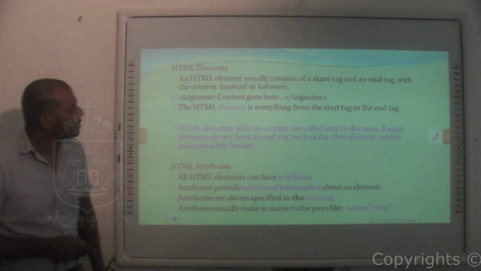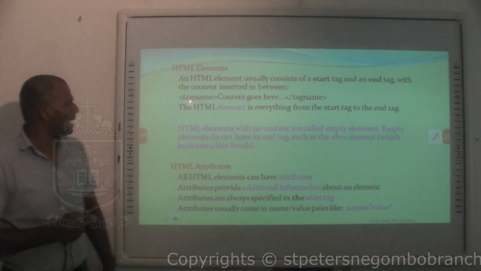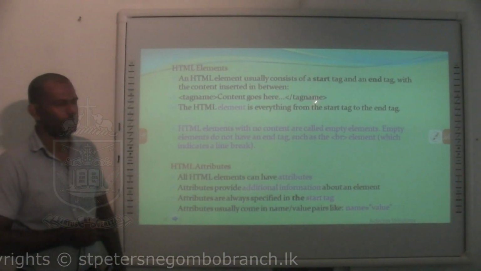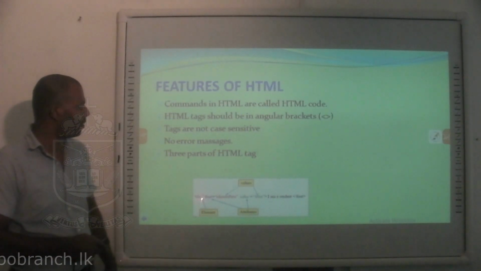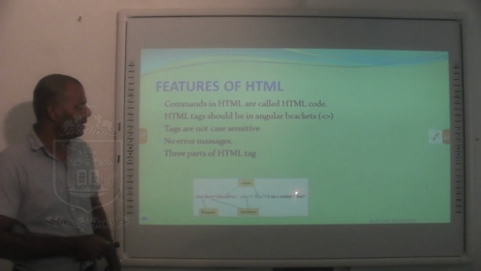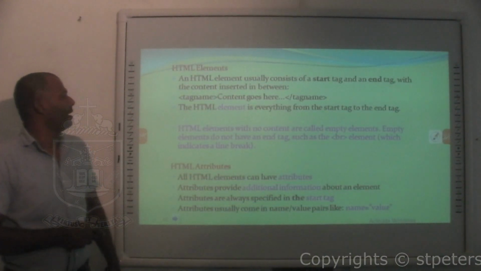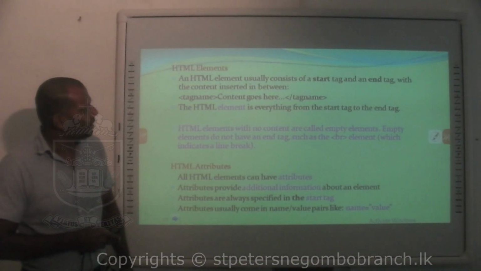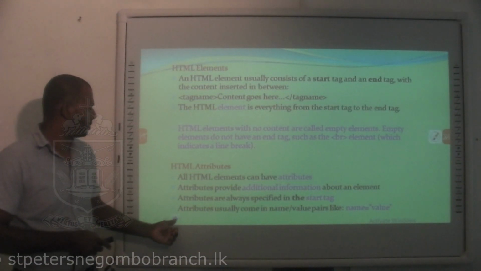Here is the tag name and here also the tag name. Font in the previous slide is the tag name, and here also the tag name. The HTML element is everything from the start tag to the end tag.